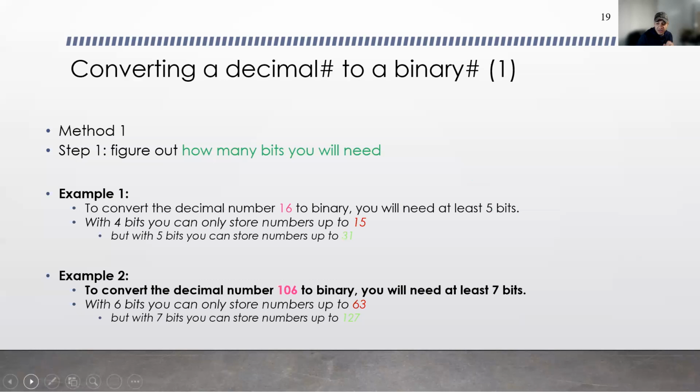Now, how to convert a decimal to a binary, which is more important because our computer, our processor, doesn't understand the decimal numbers that we see, 0, 1, 2, 3, 4, 5, 6, 7, 8, 9. No, it doesn't understand this. It's an electrical machine.